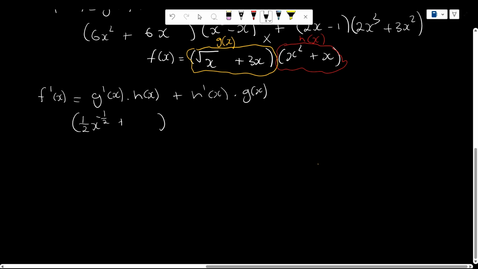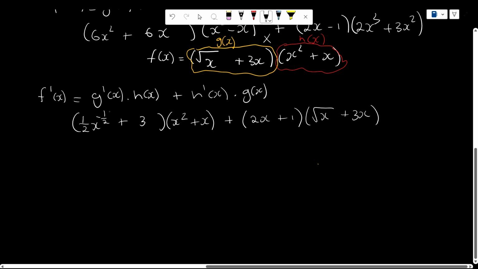The derivative of the other part will give us positive 3, times this function here, which is x squared plus x, close the bracket, and then plus the derivative of this function here, which in that case will be 2x plus 1, and then times this part here, which is the square root of x plus 3x, right?